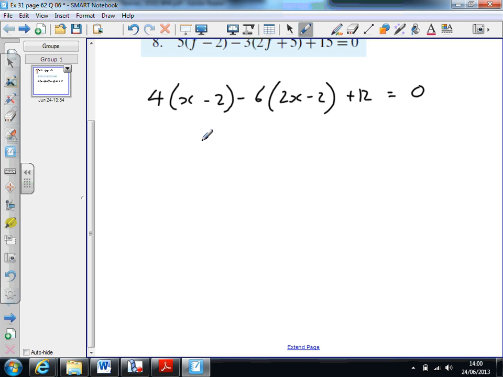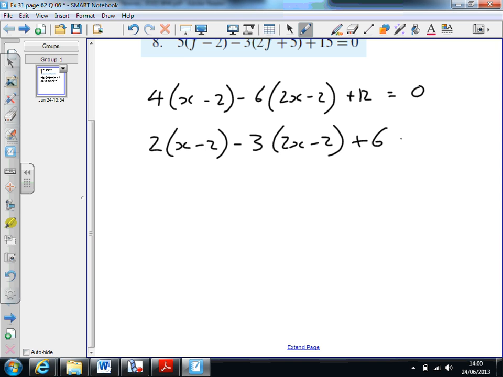So this will leave me with 2x minus 2 minus 3, 2x minus 2 plus 6 equals 0. So I've tried to simplify it a little bit, and you can sometimes do that, not always.